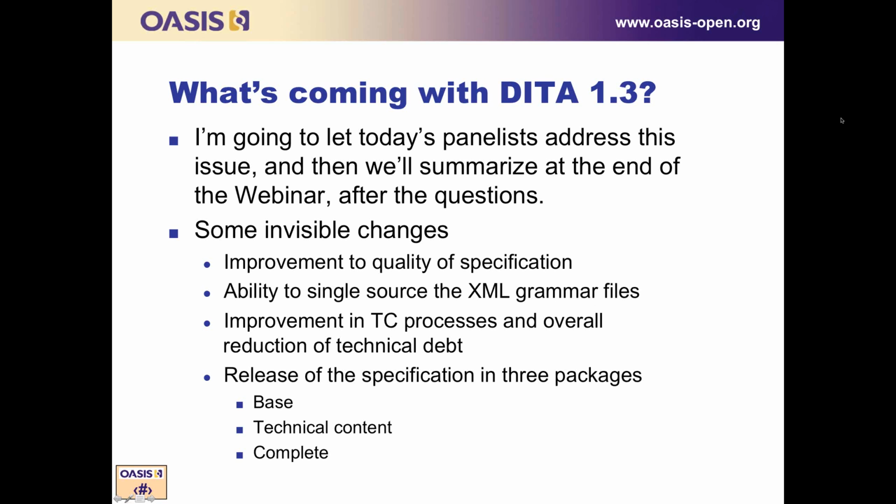And we're able to single source DDDs and XSD files from the RelaxNG. Another important thing is we've just made a lot of improvements in our technical committee processes and reducing our technical debt, because we want to be able to continue forward with future releases of DITA after 1.3 quickly and expeditiously.